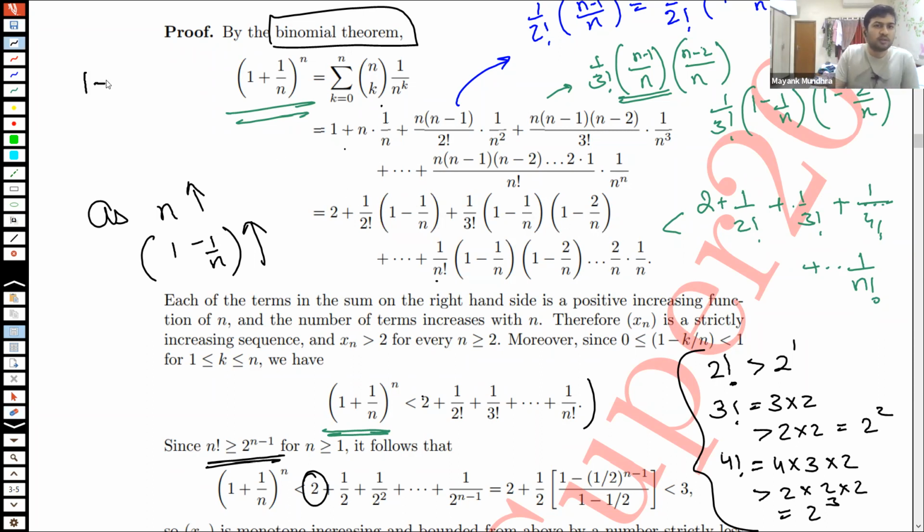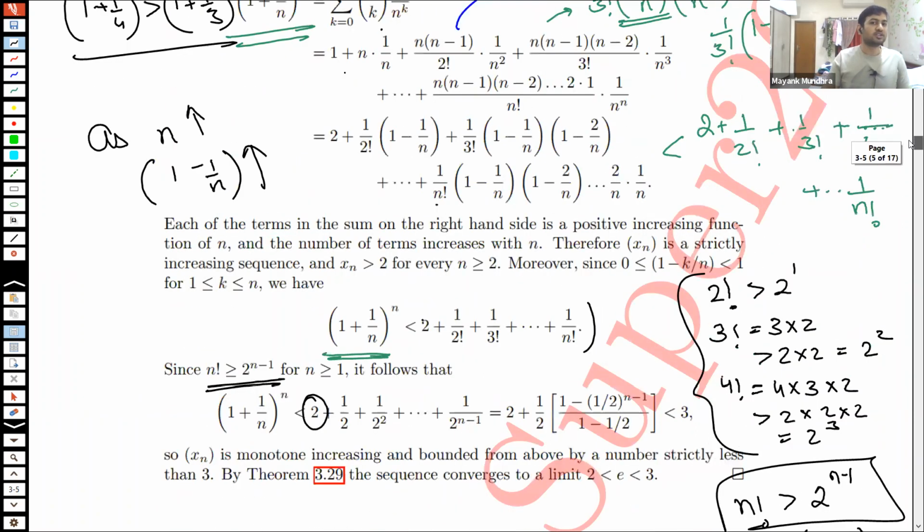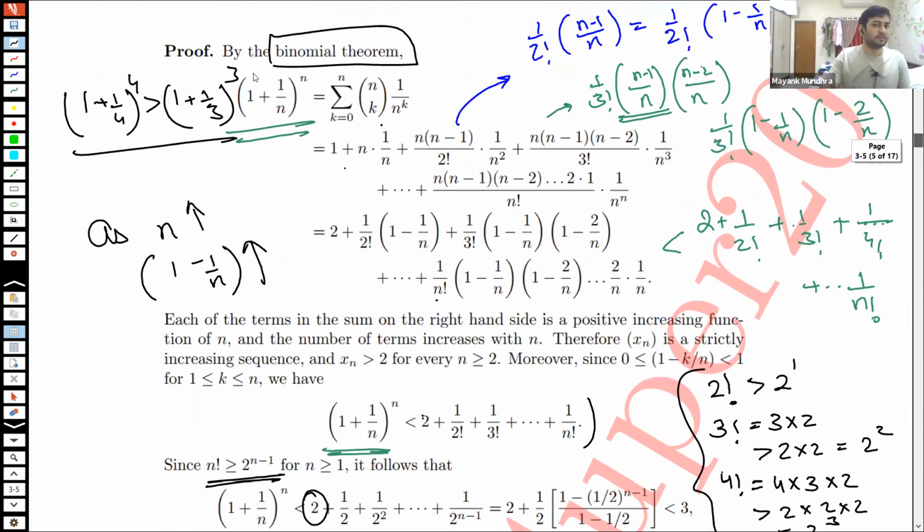So basically 1 plus 1 by 4 to the power 4 is greater than 1 plus 1 by 3 to the power 3. That's what I'm saying: when you keep increasing n, the terms are going to be larger. So it's going to be a monotone sequence and it is bounded between 2 and 3. So I have a monotone bounded sequence, so this will be convergent.